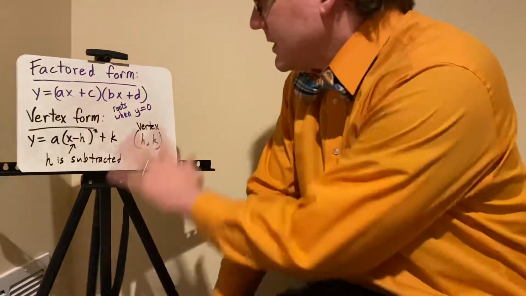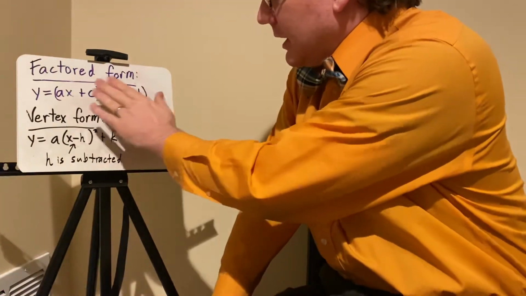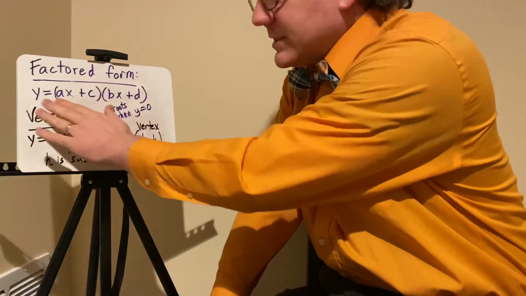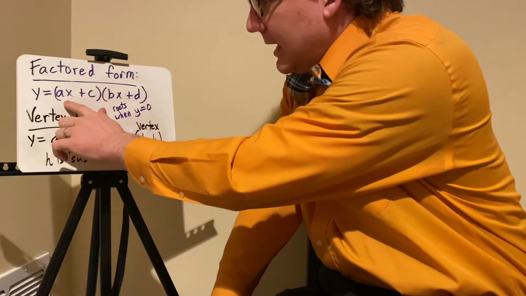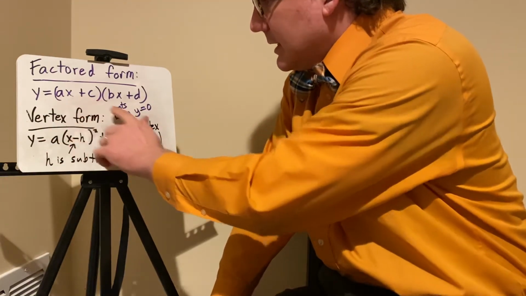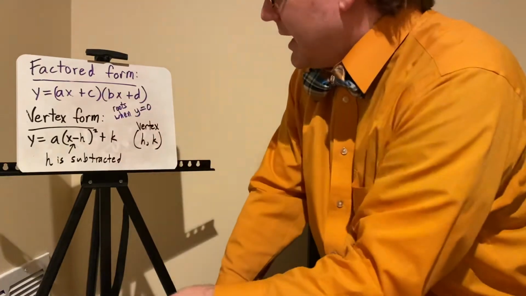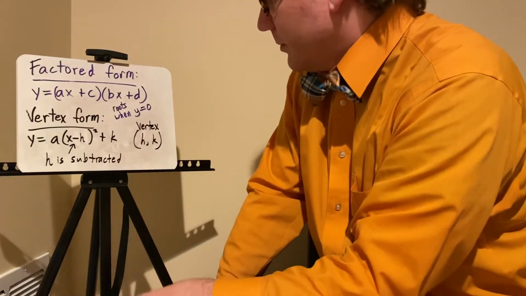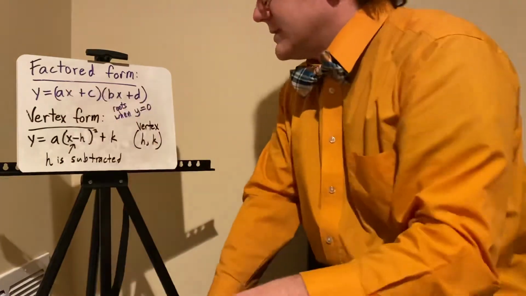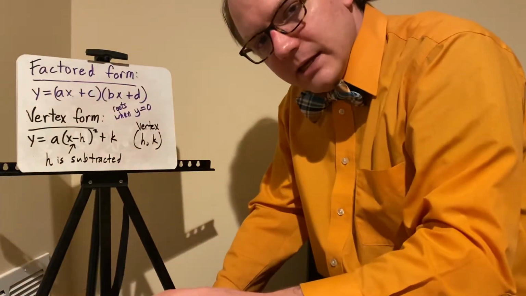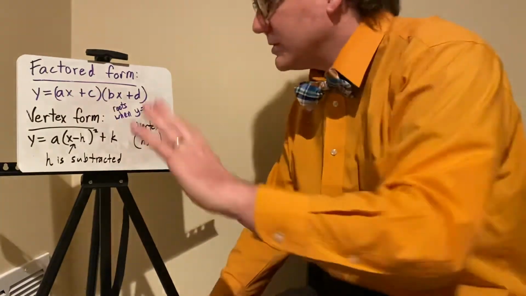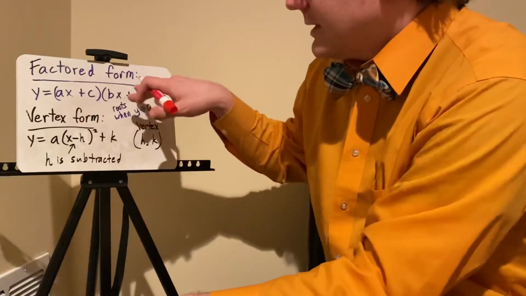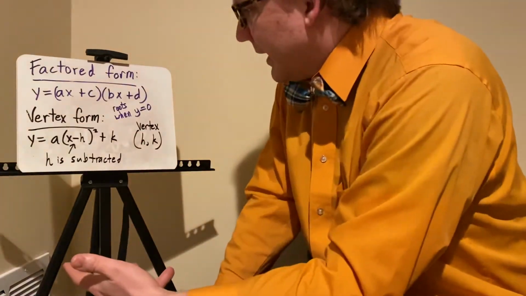These other forms are the factored form. In the factored form, your quadratic looks something like this. Y equals ax plus c times bx plus d, where a, c, b, and d are just numbers. Now, these are not necessarily the same a, b, and c that you've seen in the standard form, so keep that in mind. You could multiply this out and then simplify it to get into standard form.